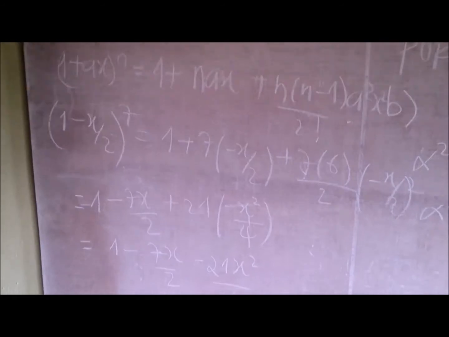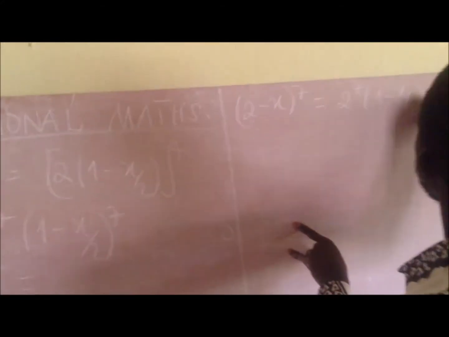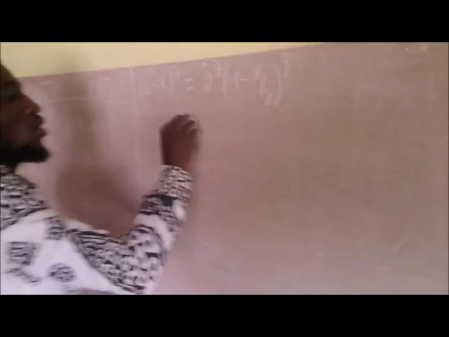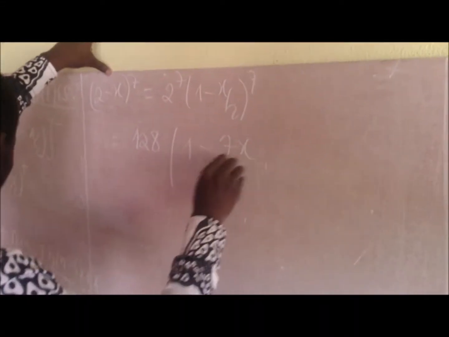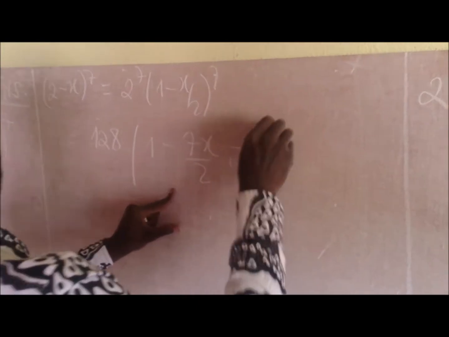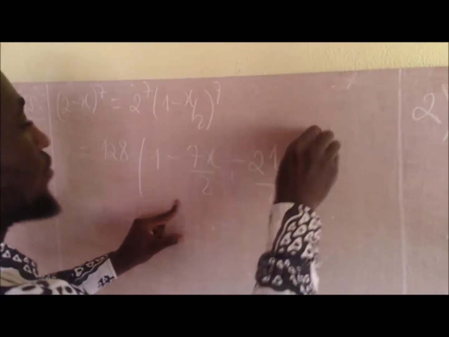Now remember we have to factorize 2 to the power 7, so we just need to multiply 1 minus x on 2 to the power 7 by 2 to the power 7. Remember 2 to the power 7 is 128. So it'll be 128 into 1 minus 7x on 2 minus 21 x squared on 4.